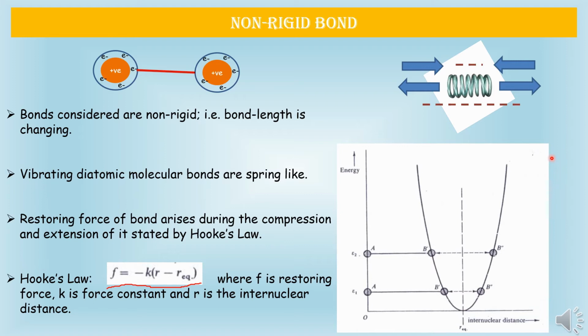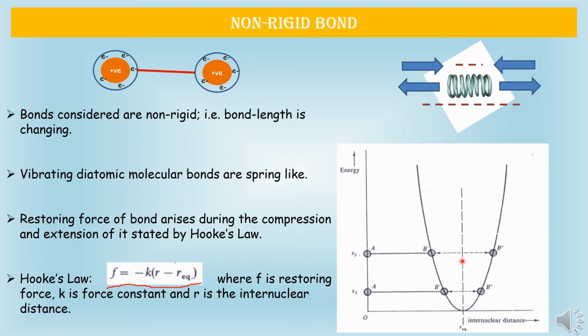The concept can be explained using the graph. You can see that AB dash is the shifted or distorted position with respect to R equilibrium. That means the amount of change in position is B dash from R equilibrium. So, if the amount of distortion from the R equilibrium position is greater, the amount of restoring force required is also greater.